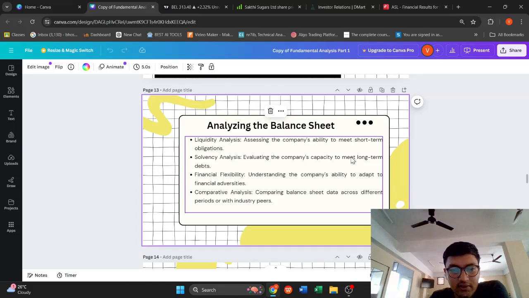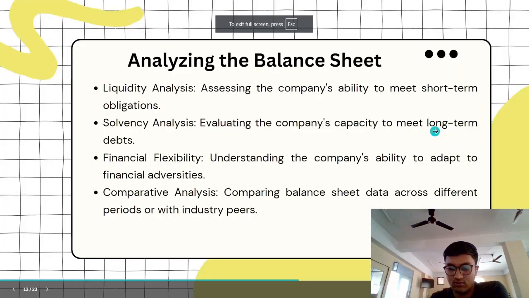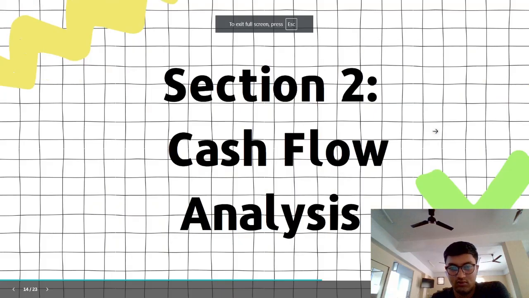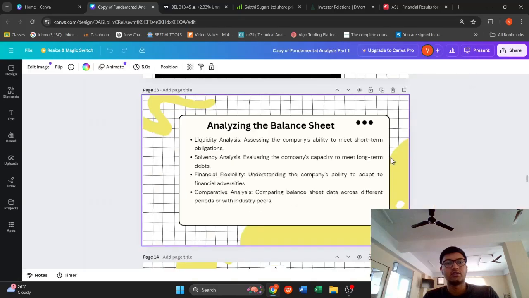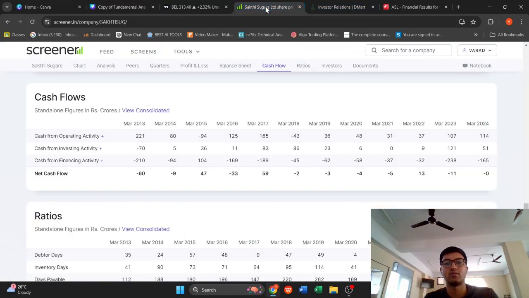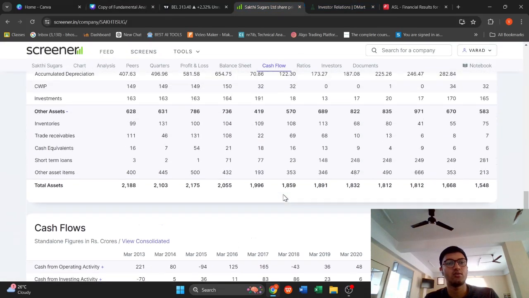Evaluating the company's capacity to meet its long-term debts. Let's see what amount of long-term liability Shakti Sugars has, and on the basis of that, let's try to delve into it.